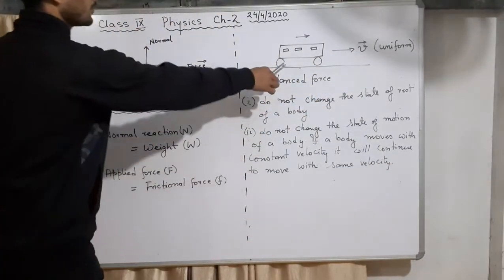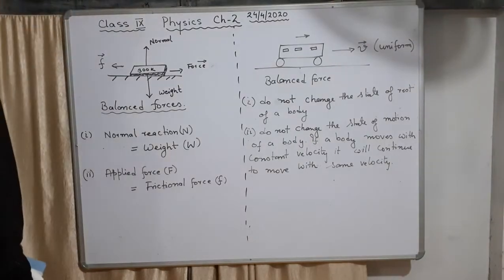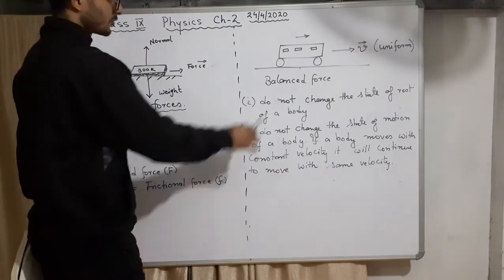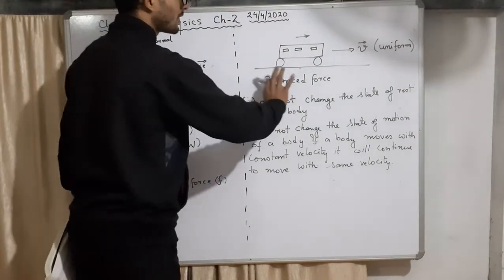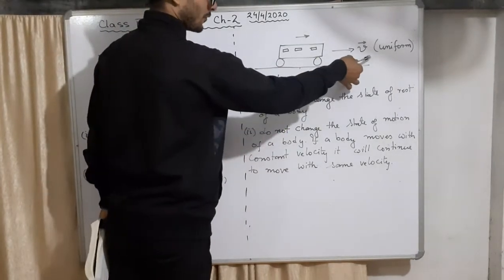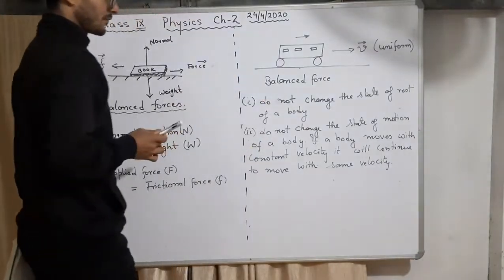Okay, this is this example. In the case of balanced force, if it is already moving with uniform velocity, you apply balanced force, which is already there, this and this. Even if you apply some other force which is not making it change its velocity, then you say there is a balanced force. Okay.